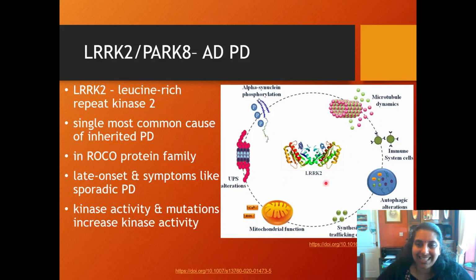The protein itself has a kinase activity, so if you remember, kinases are the proteins that phosphorylate, add phosphate groups to other proteins, and the reason that it's autosomal dominant, the reason that you just need one mutant copy to cause the disease, is because the mutations actually increase kinase activity. Not all of them, but that's the theory of how mutations in this gene have effects.